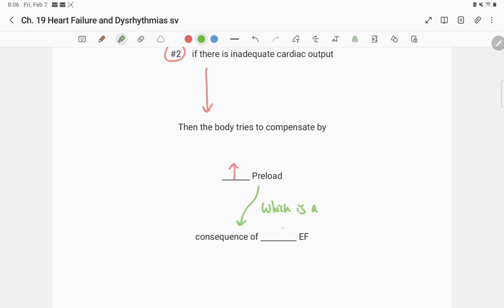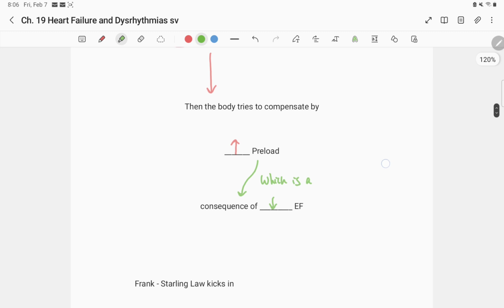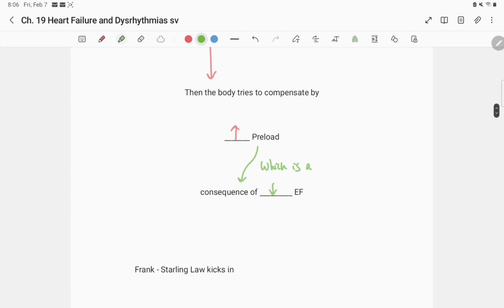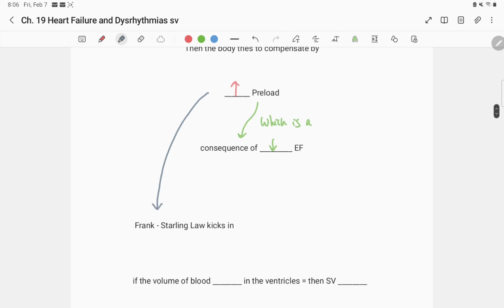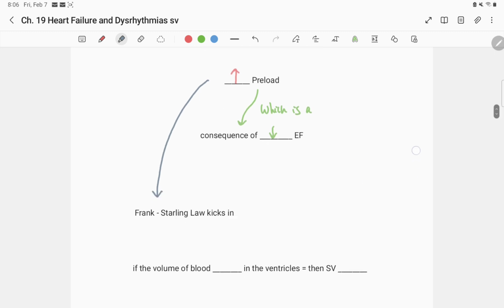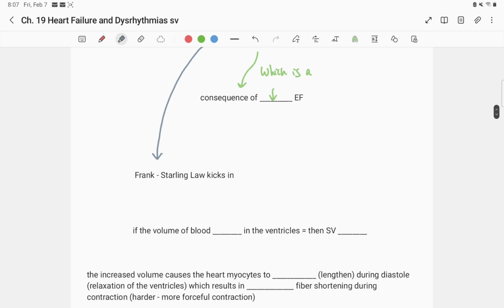this is a consequence of low ejection fraction. All right, increasing the preload allows for the Frank-Starling law to kick in, and that is if the volume of blood increases in the ventricles, then stroke volume increases.